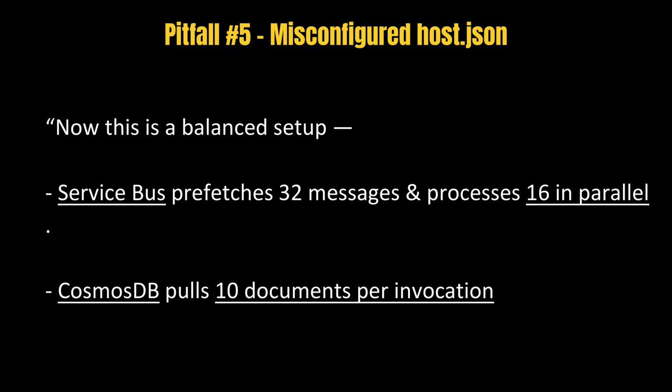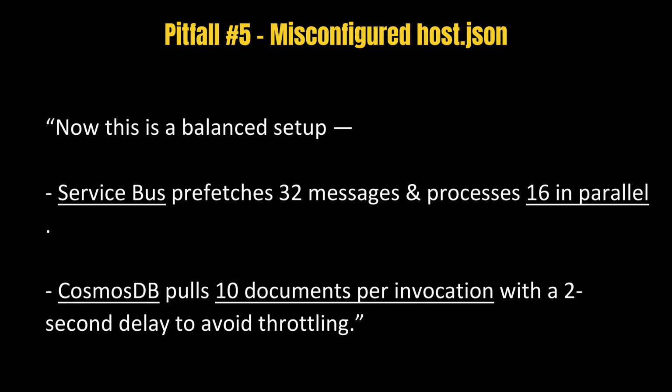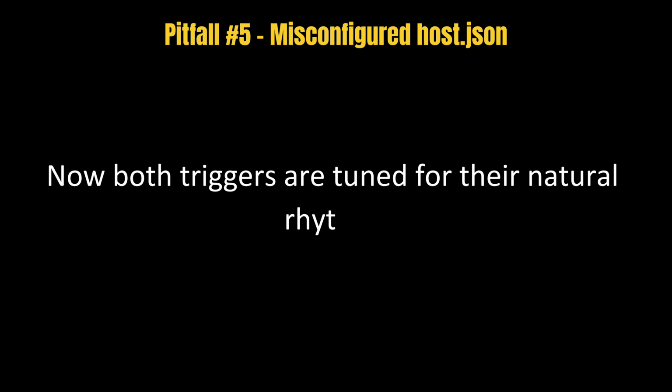So now this is a balanced setup. Service Bus can prefetch up to 32 messages and process 16 in parallel. Cosmos DB scales gently, pulling 10 documents per invocation with a 2-second delay to avoid throttling. Now, both triggers are tuned for their natural rhythm. Service Bus runs fast and parallel, while Cosmos pulls just enough to stay within the RUs.